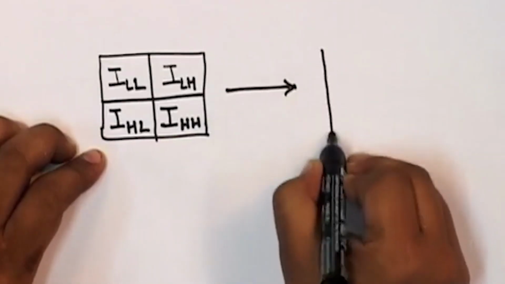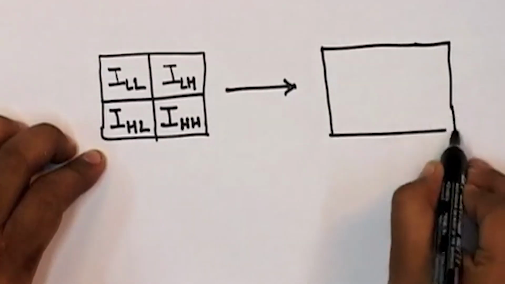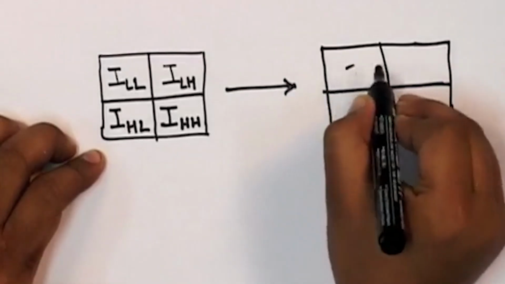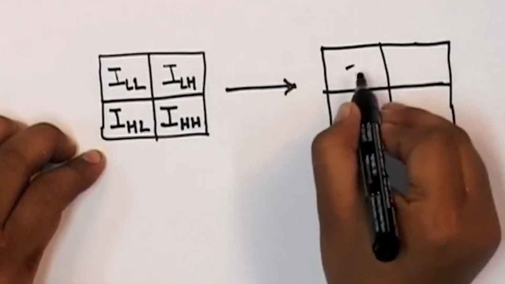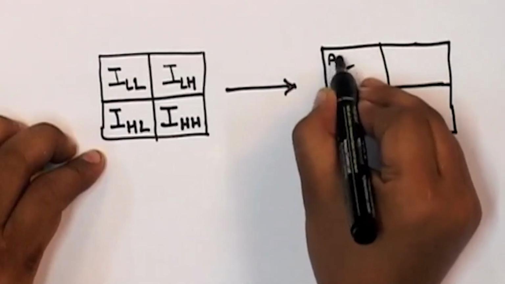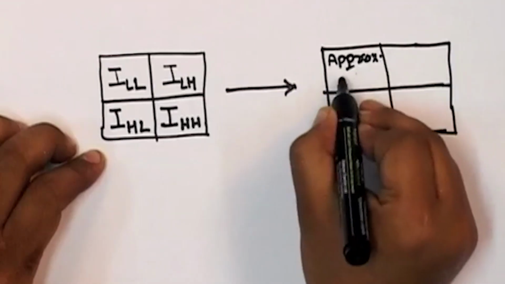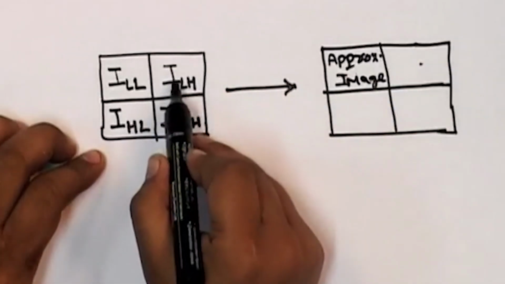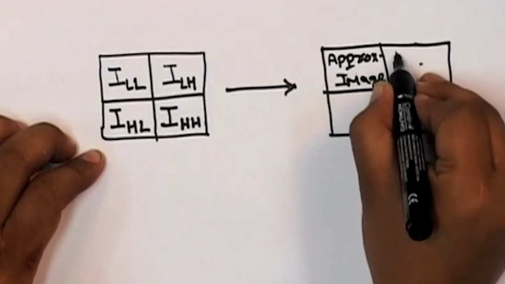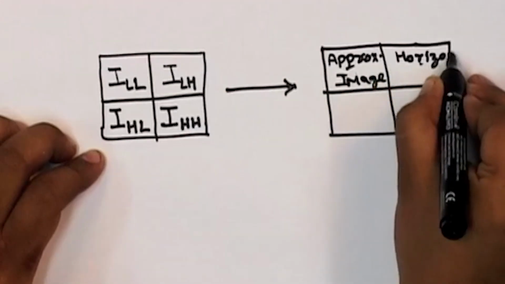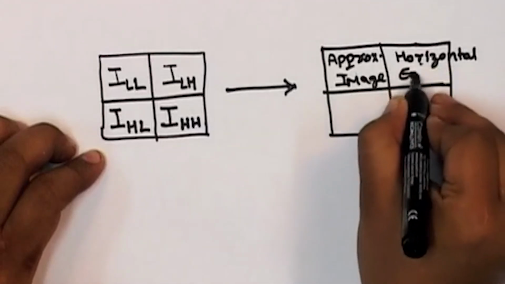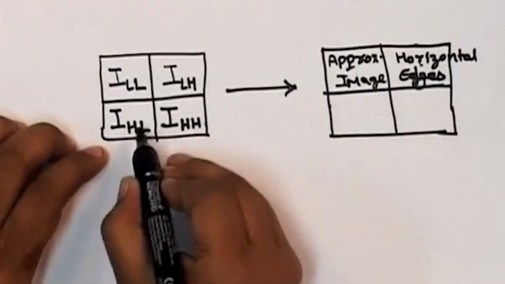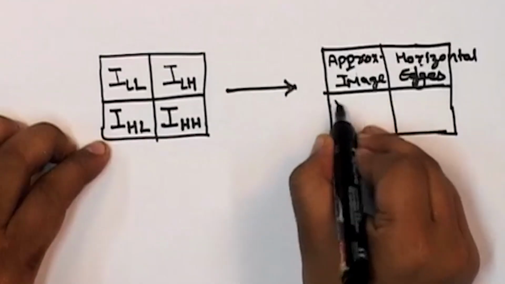This represents that in this subband of the image, we get an approximation version of the image, whereas in this part where we have output I LH, we extract horizontal edges. At this subband where we have the output I HL, we extract vertical edges.